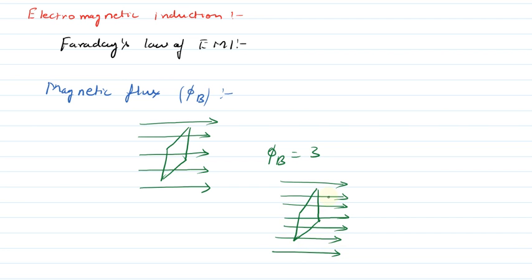So the number of field lines passing through the same surface area will be 1, 2, 3, 4, 5. So the magnetic flux will be 5. So it means that the magnetic flux is directly proportional to the magnetic field.